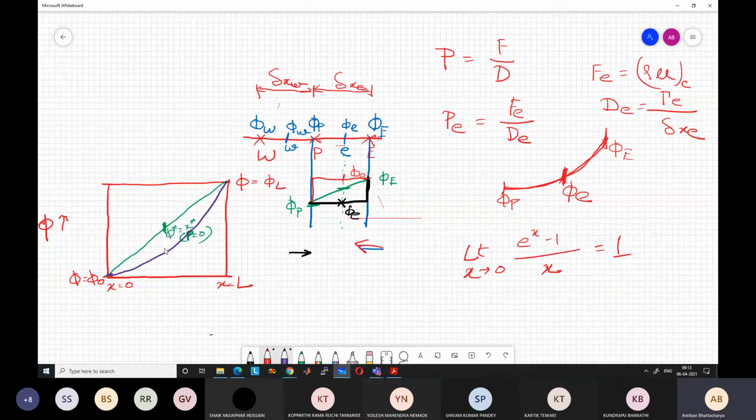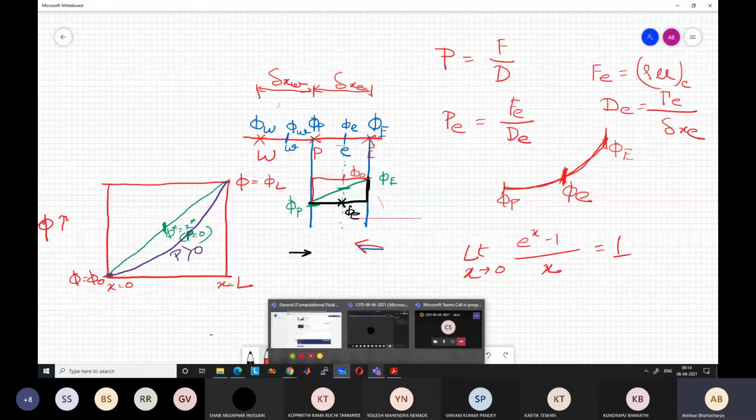This is for p greater than 0. The slope is gradually increasing, because rate of change of slope is also positive. So this is the profile for p greater than 0. Let us take a look at another case, p less than 0.